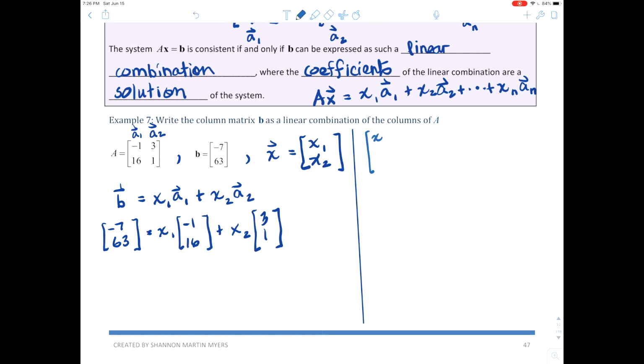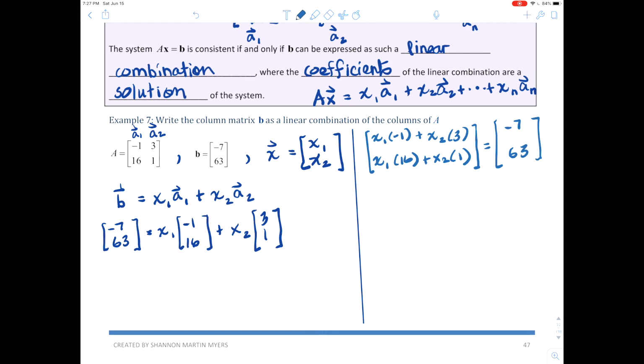So we're going to have x1 times -1 plus x2 times 3 for our first entry in the first row. We'll have only one entry in each row. And for the second row entry, we'll have x1 times 16 plus x2 times 1. And we want that to equal our B matrix, which is -7 and then 63.